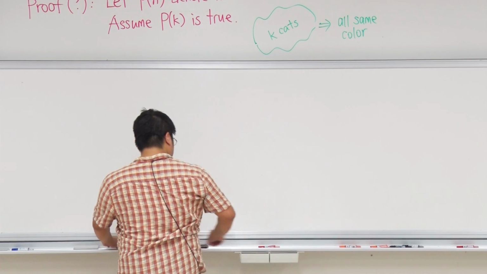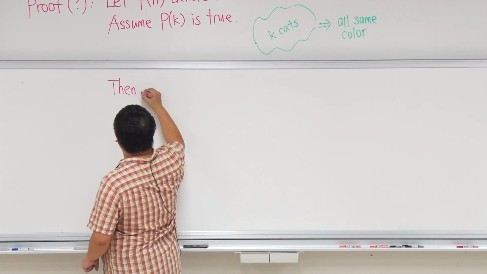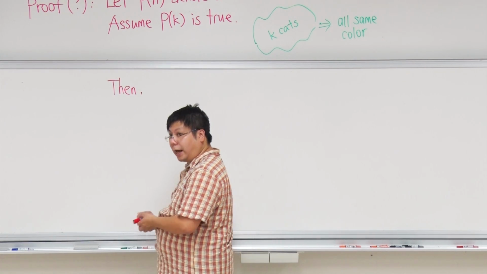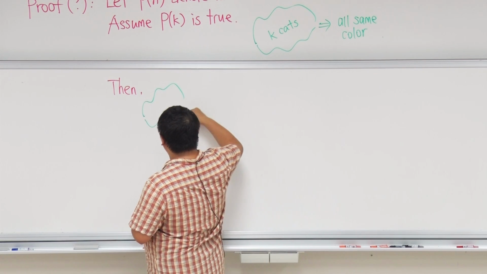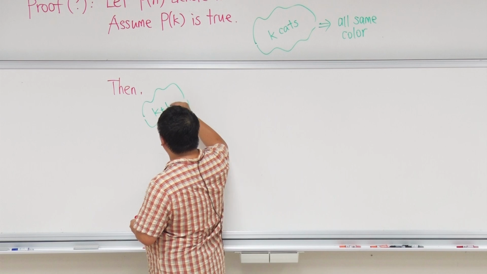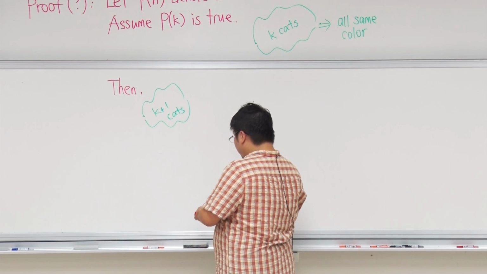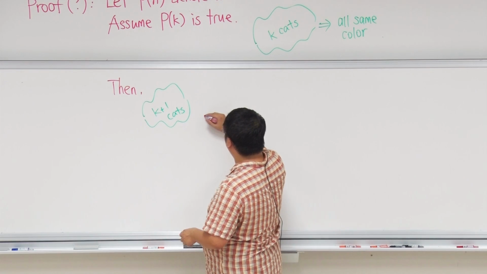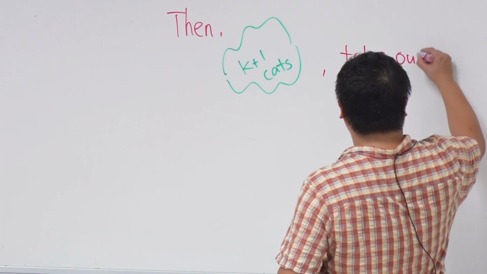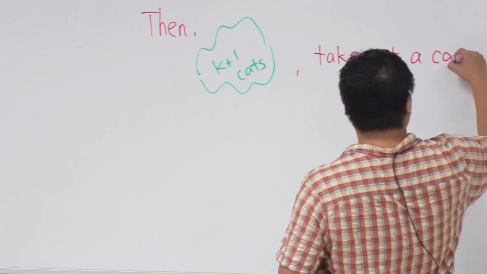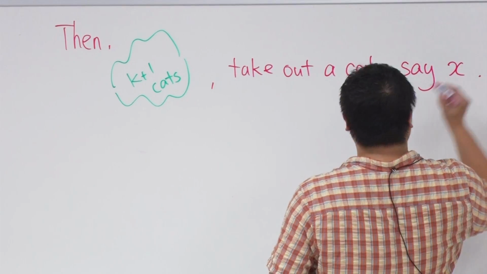Then when we have k plus 1 cats, we take out a cat, let's call it x.